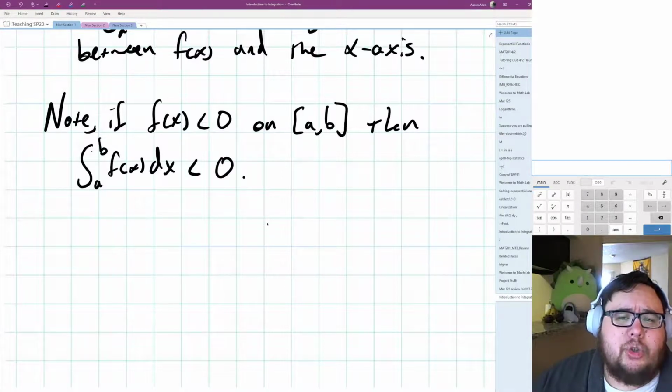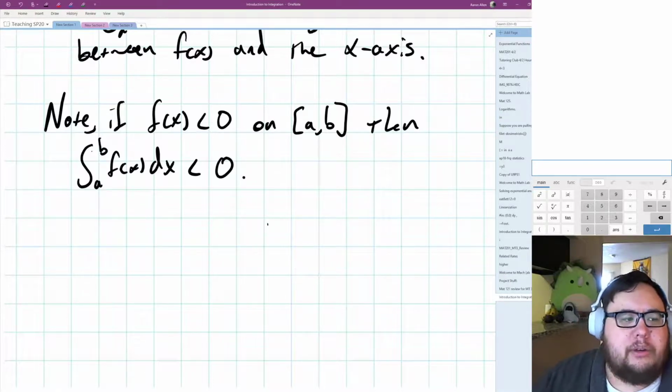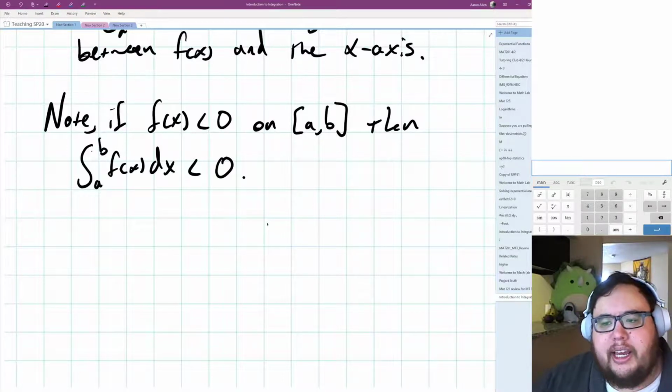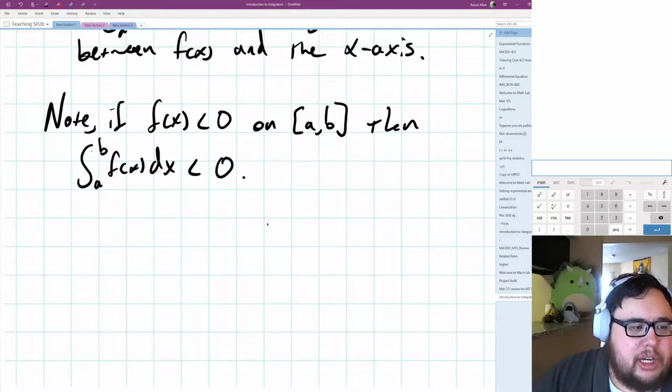It's more akin to displacement versus distance, right? So we're measuring an amount of displacement rather than an amount of distance. If you have a velocity function, you have a direction on it. It has a forwards motion and a backwards motion, right?